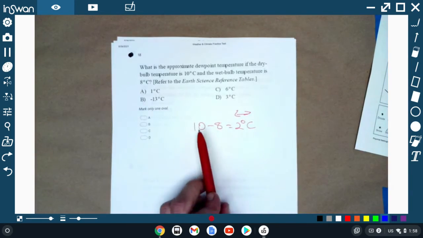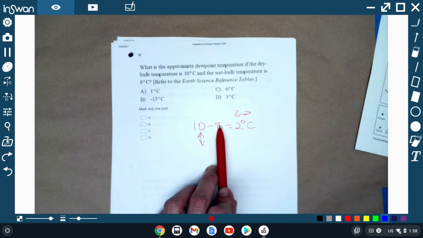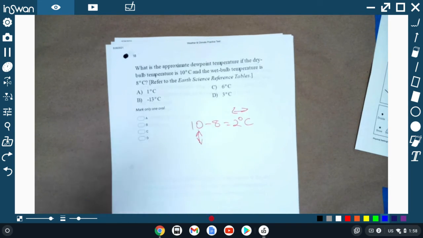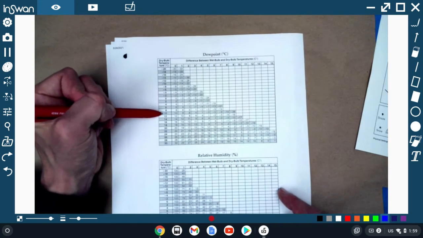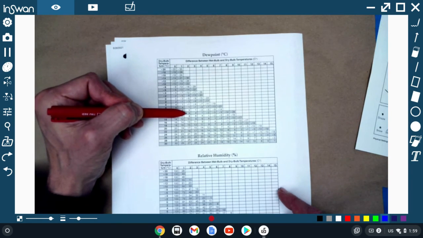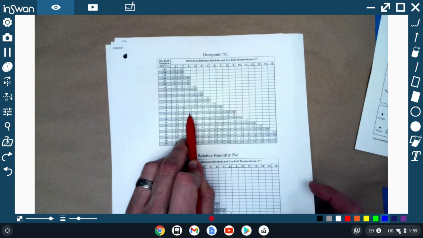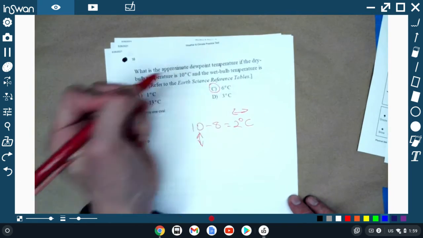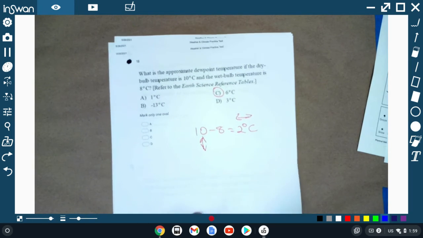So again, I subtracted the wet bulb from the dry bulb, and that's 2 degrees Celsius. So I go down to 10, and I go over to 2, 0, 1, 2, 2 degrees difference, and that gives me 6 degrees for my dew point. And therefore, letter C is the correct answer.